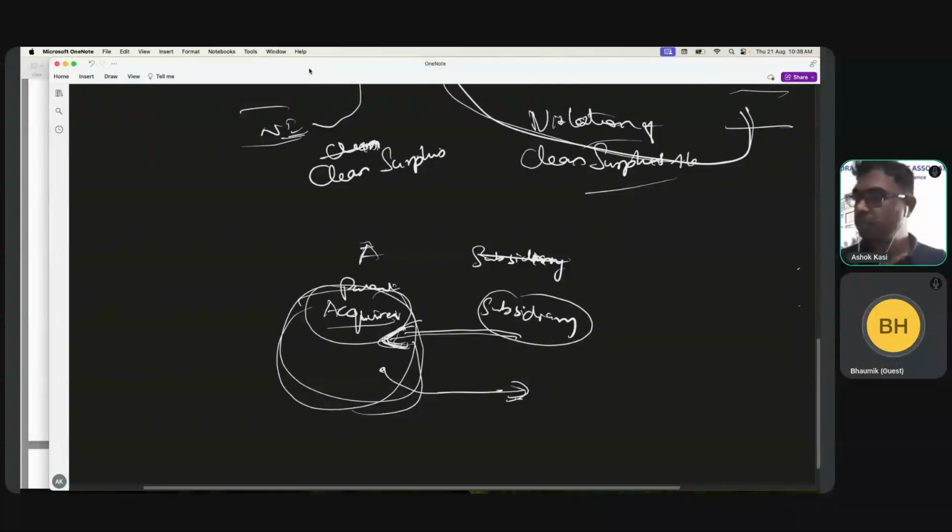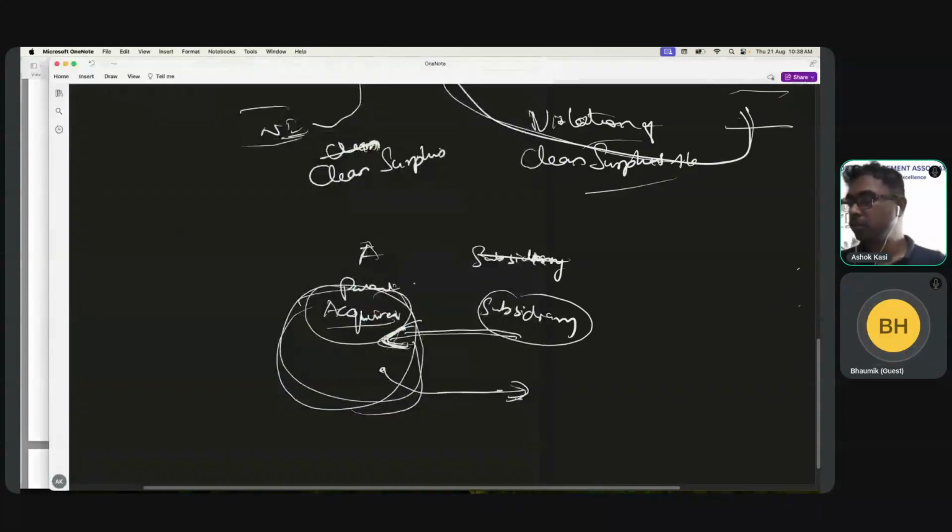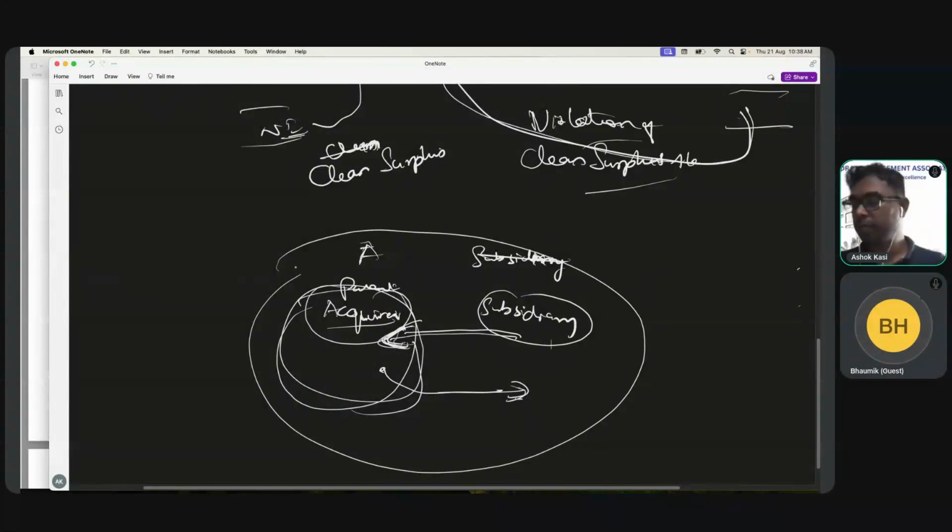There are certain rules on how the accounting has to be done. That means you have to value it in such cases, because you will not otherwise know the true valuation of the company. Otherwise, the subsidiary can easily say it purchased this much, and the acquirer will say it sold this much to the subsidiary.